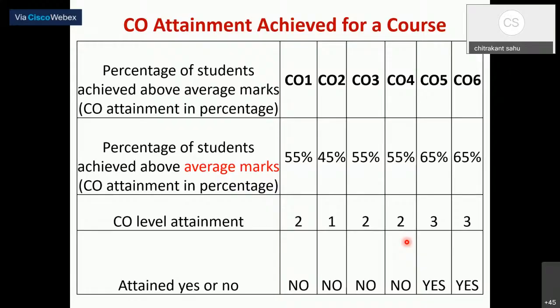I need to identify the weak students, and accordingly I can modify my lecture plan for the next year. If most students are not performing well in some topics, I will take a few more hours on that particular topic. This way I can make an action plan for the next year.